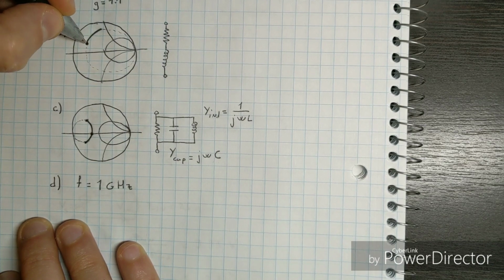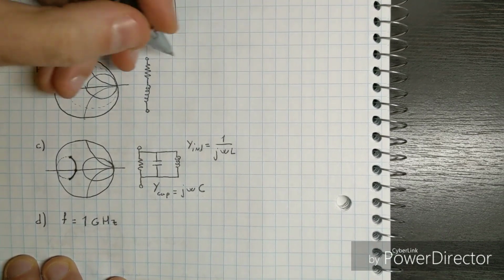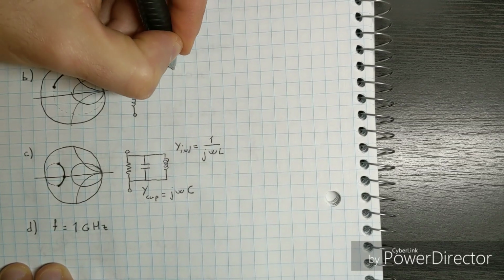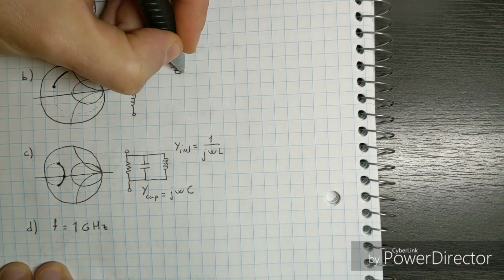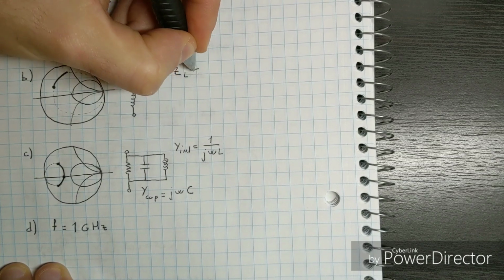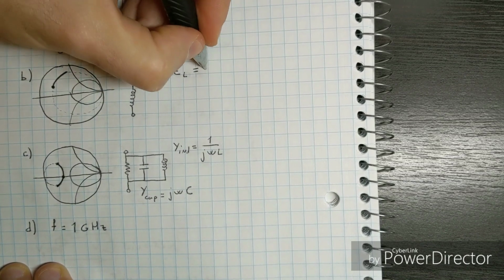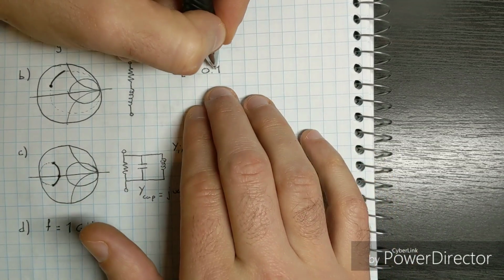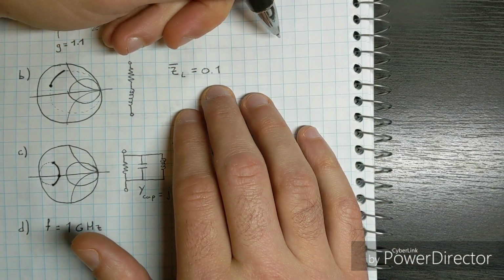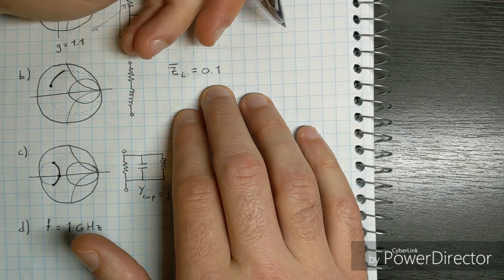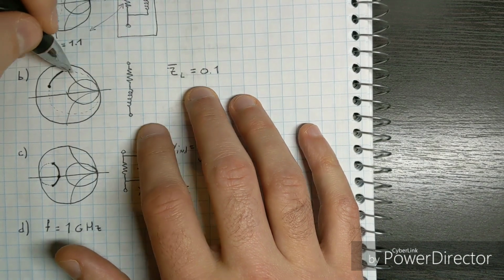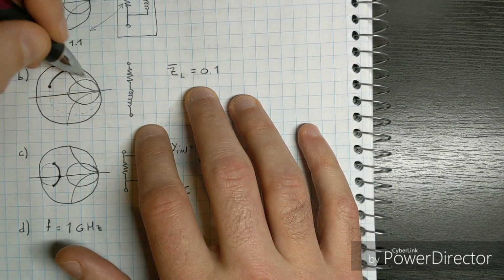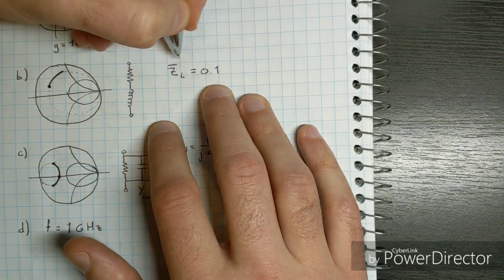And at that point, we are told that the normalized impedance, let's call it z_L normalized, is going to be equal to 0.1 for the resistance, because we are in a constant resistance circle and we are working with impedances.